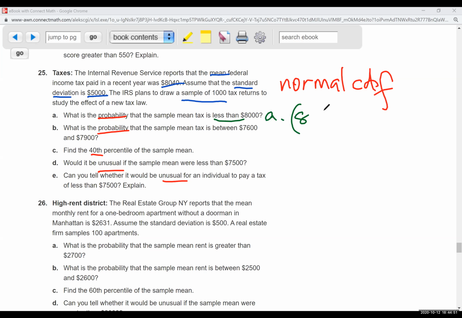So like this one, less than 8,000. What is 8,000? The upper number.